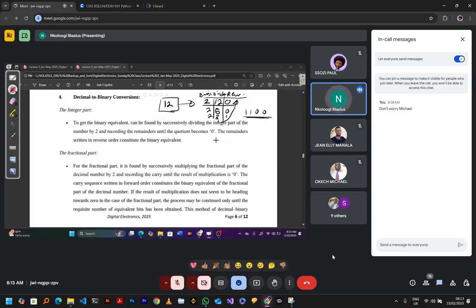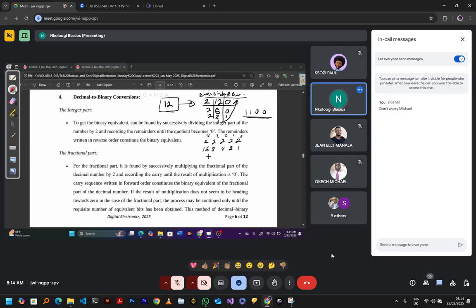The other method was using weights. For example, 2 to power 0, 2 to power 1, 2 to power 2, 2 to power 3, 2 to power 4. So if I could stop here, then this will be 1, 2, 4, 8, and this is 16. Then I keep on comparing with the number I want to break down to binary, which is 12.